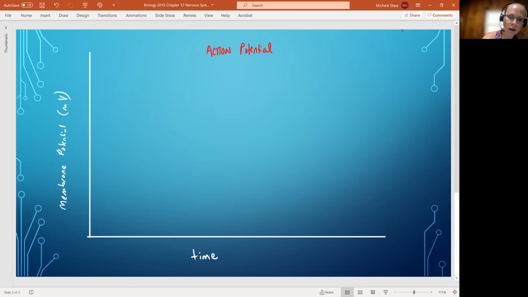And let's put on our graph, at the bottom, negative 90 millivolts. Then let's have our negative 70 millivolts. And then let's show our negative 60 millivolts.